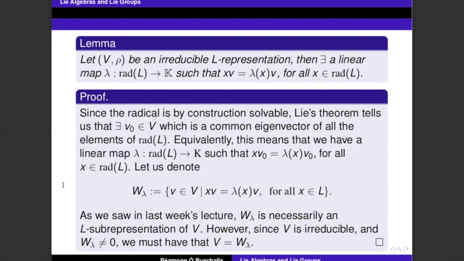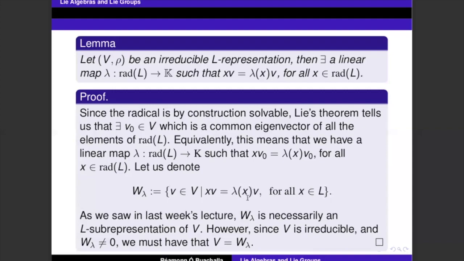Now, from this lambda, let's produce a space. Let's enlarge the space from V0 to the largest space possible for which this identity holds again. So let's look at all of the elements in V such that x acts according to this recipe here.